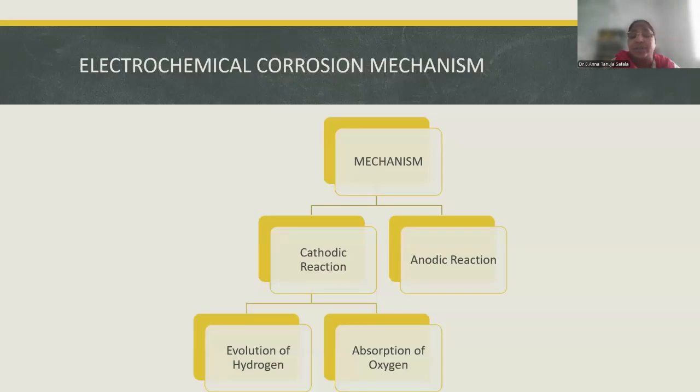If the metal is in contact with an acidic environment, the mechanism would proceed through the evolution of hydrogen. If the metal is in contact with a basic or neutral environment, the mechanism would follow through the absorption of oxygen.